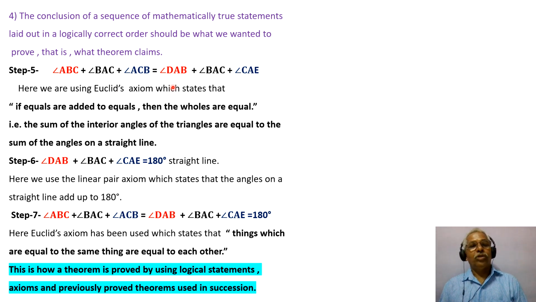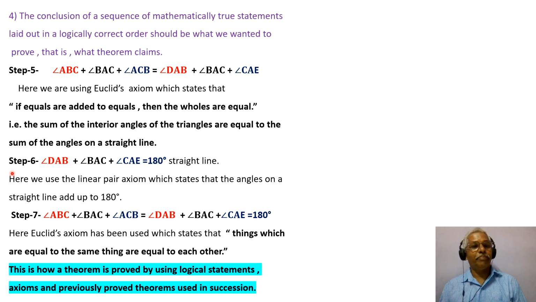In this case, we are using Euclid's axiom. That is, the sum of the interior angles of the triangle is equal to the sum of the angles of a straight line. Got it?